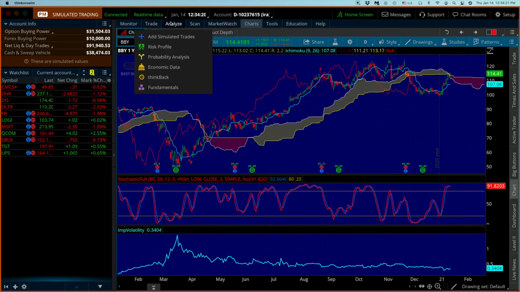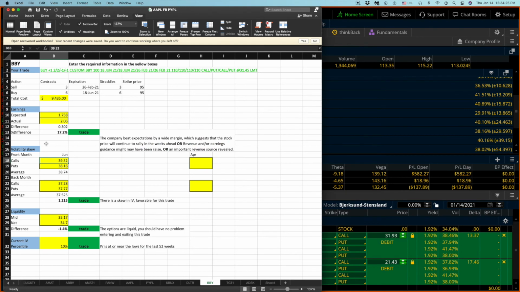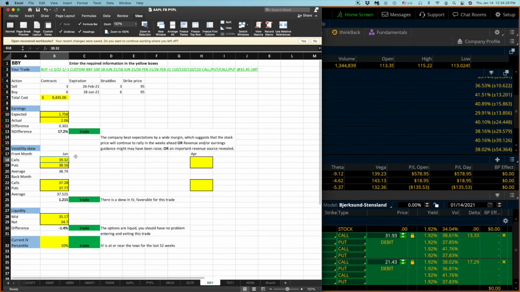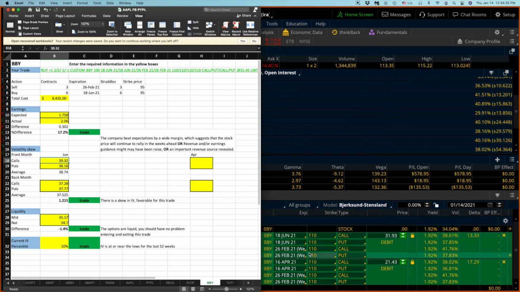Let's go to the Analyze tab and we enter the June options, 38.61. Let me just make sure we can see that. The June expiration up here. Okay, 38.61, 37.85. Good. That's 38 on average.